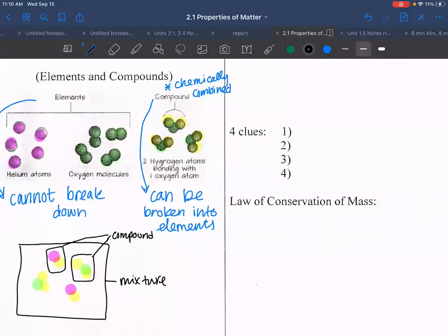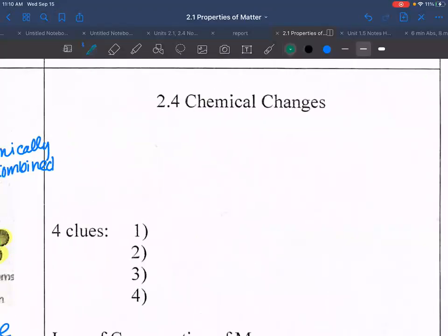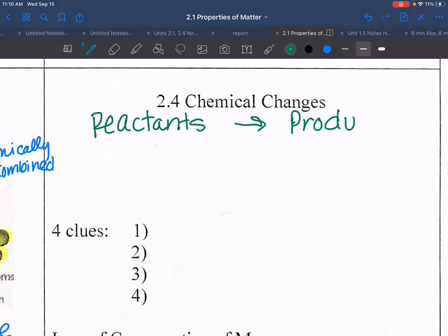All right, let's talk about chemical changes here. So in chemical changes, we have some sort of reactant or reactants that go to form products. What has to be true for it to be a chemical change? There's always a change in what from reactants to products?